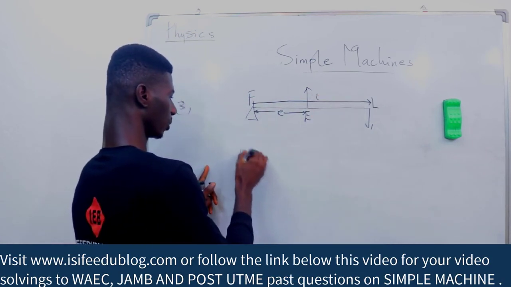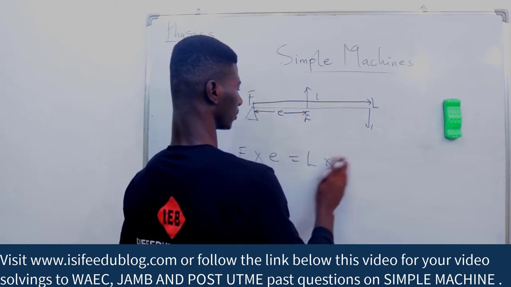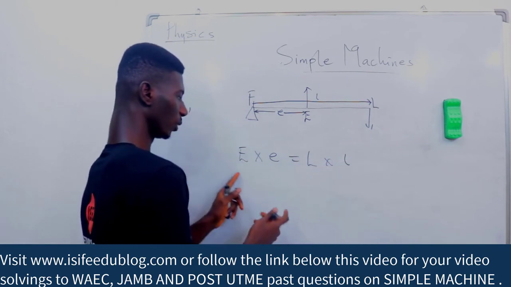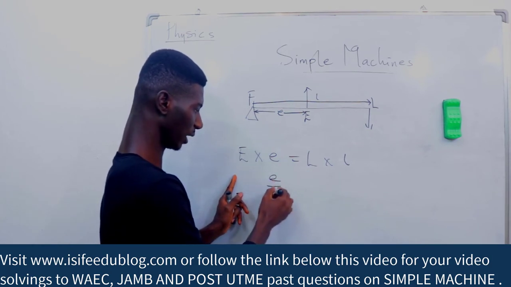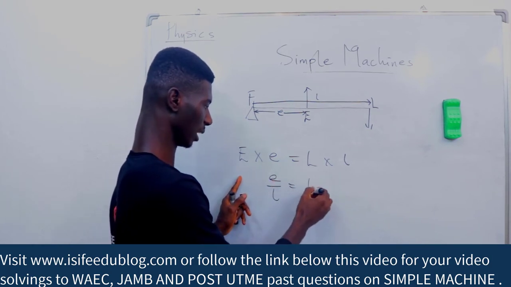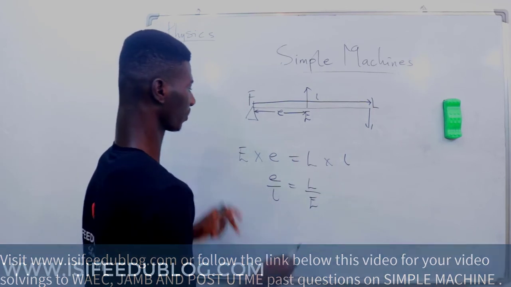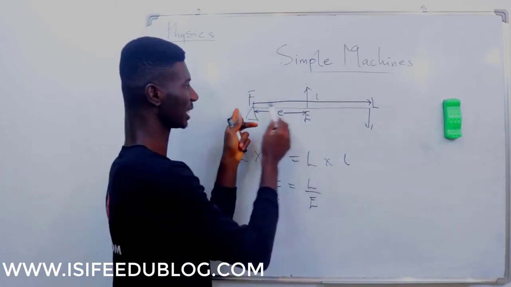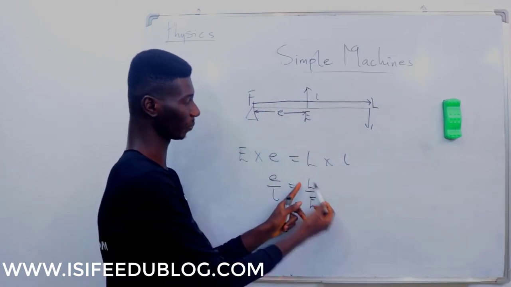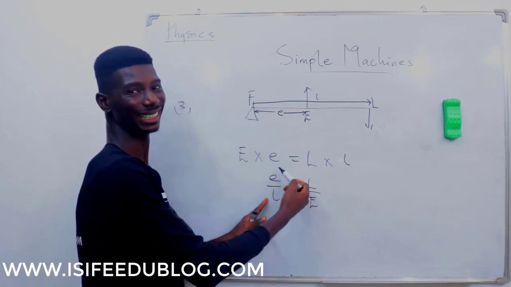So if we still follow the principle of moment, load over effort, so we have E over L is equal to L over E. What is going on from our diagram? As we can see, the distance moved by load is now bigger than this.